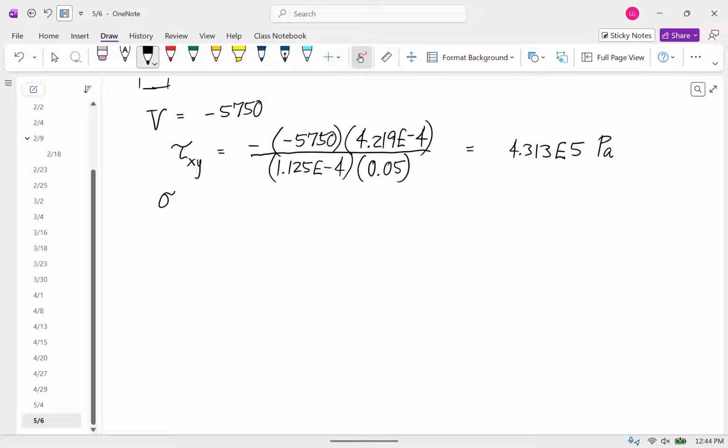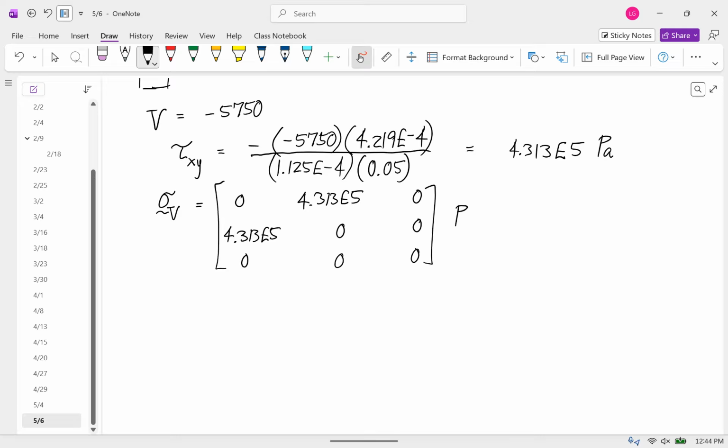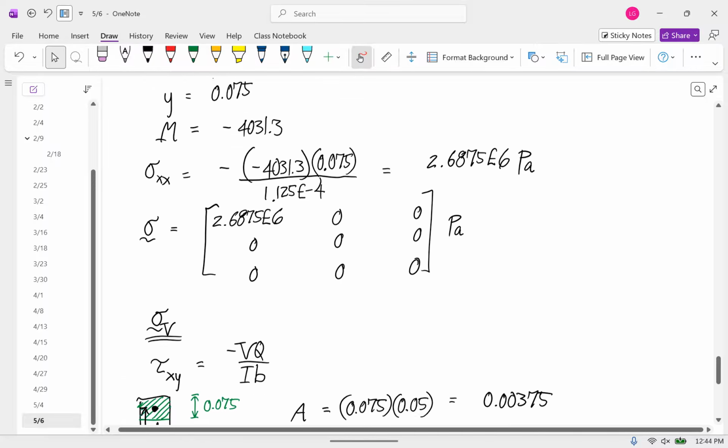So the stress tensor due to the shear force is 0, 4.313 times 10 to the 5th, 0, 4.313 times 10 to the 5th, zeros for the rest. And now you can just add those two stress tensors together.